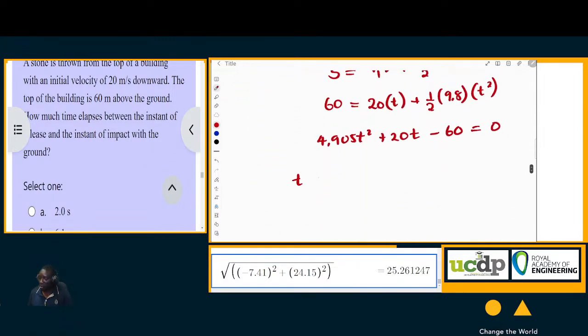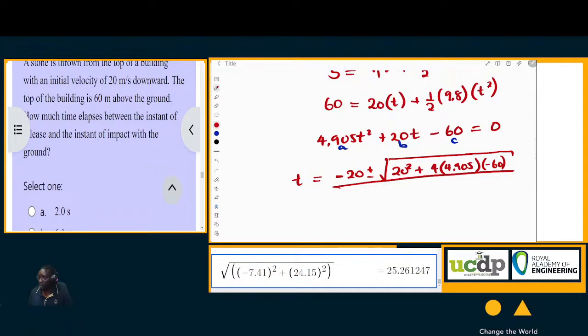So this is what I'm going to do. This is our a, our b, and our c, which is negative. So minus b is minus 20 plus or minus the root of 20 squared plus 4 times a, 4.905, times c, negative 60.